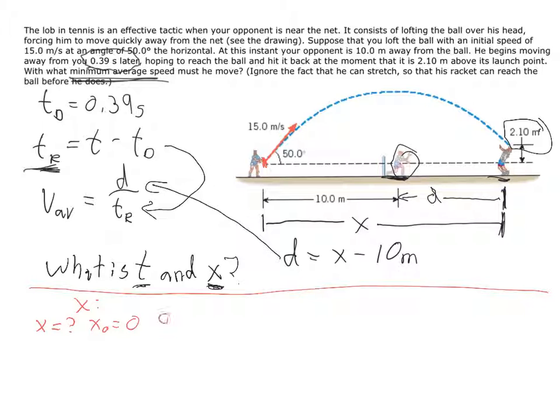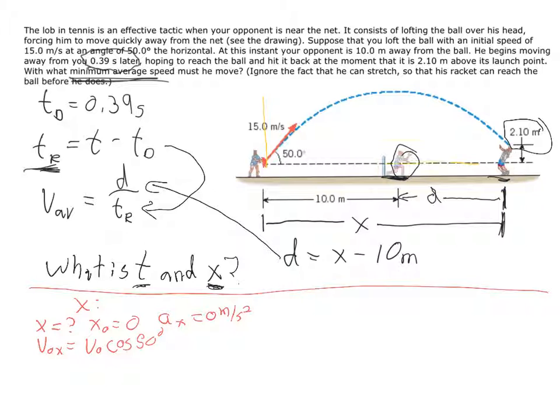Acceleration in the X for projectile motion is always 0 meters per second squared, right? Initial velocity in the X is going to be our initial velocity of 15, which we know, multiplied by the cosine of 50 degrees.